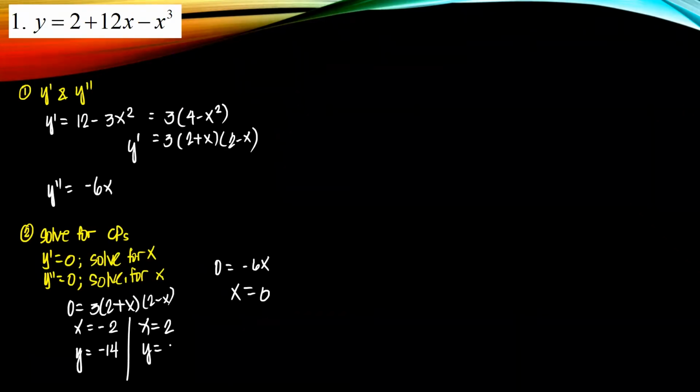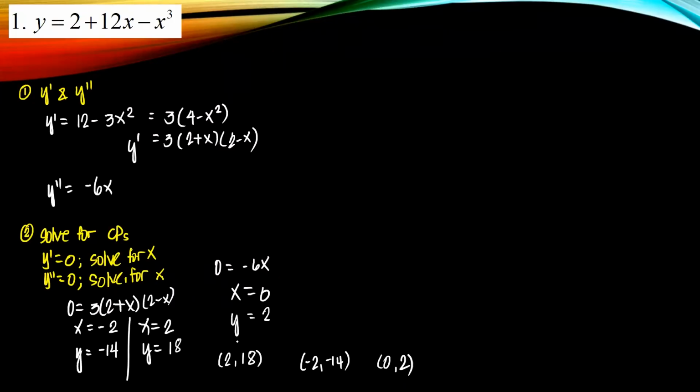Is that 18? Right? If x is 0, y is 2. So let's evaluate because we know that these are the points. The points are 2, 18; negative 2, negative 14; 0, 2. All right. So these are the 3 points.